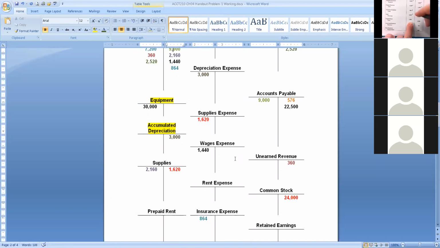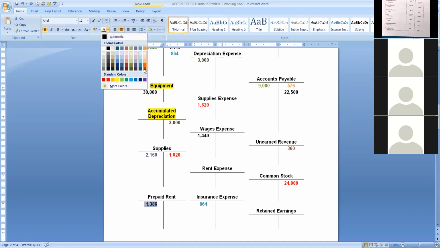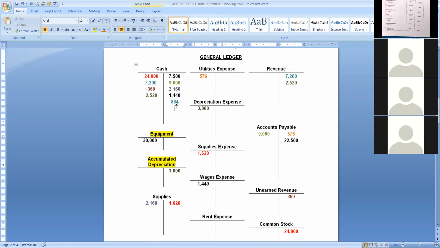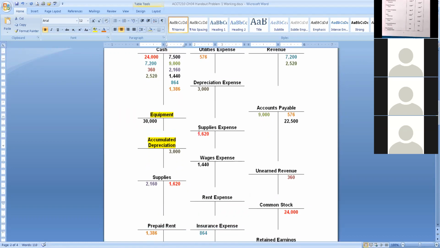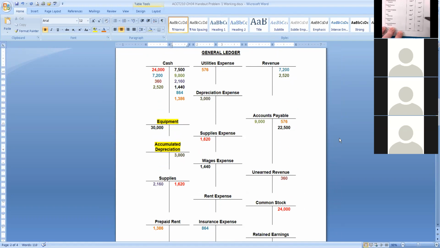Prepaid rent, 1386. And cash 1386. Okay.